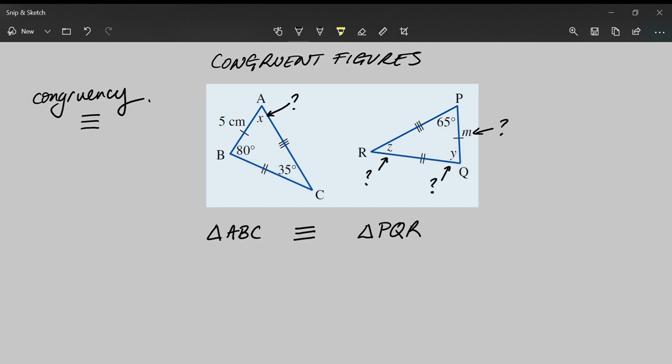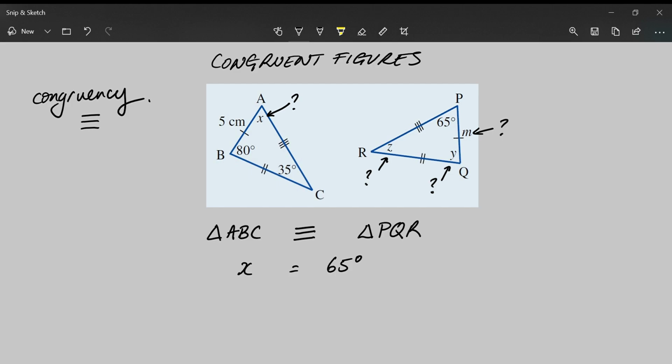Okay, so for example, A and P are these two points here. We've got an angle X that we don't know, that angle there. If we want to know what X is equal to, we can look at the corresponding angle in this diagram and see that it should equal 65 degrees.